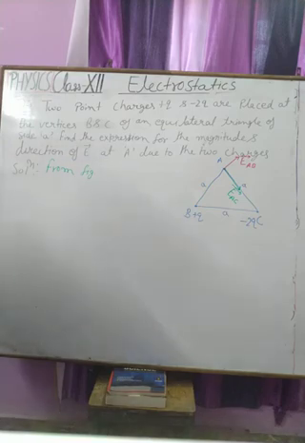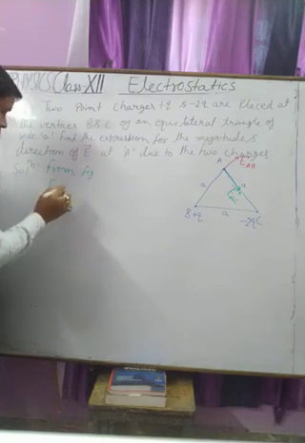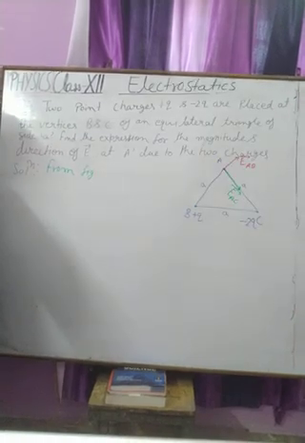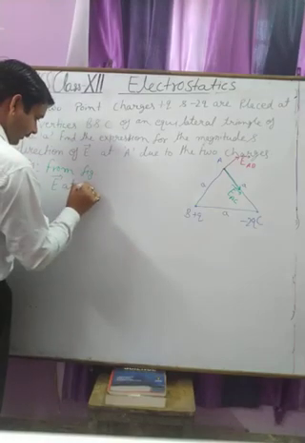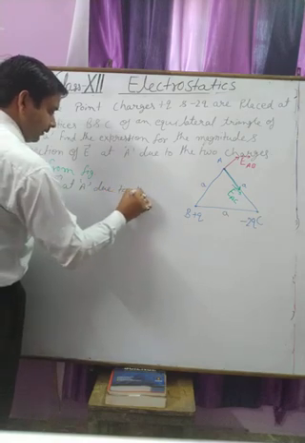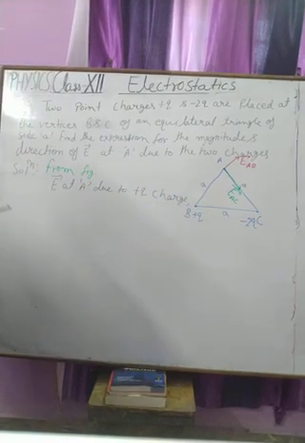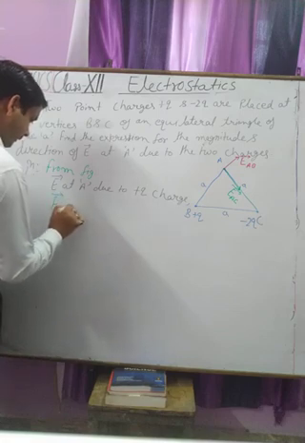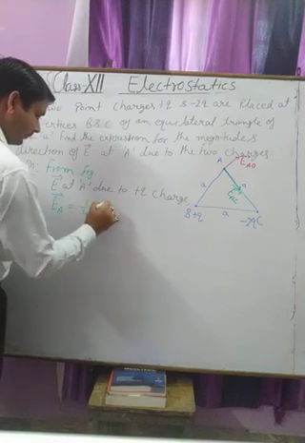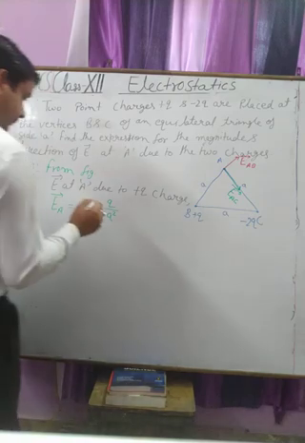Therefore, from the figure we have the electric field at A due to plus Q charge is EA equal to 1 upon 4 pi epsilon naught Q upon A square. This is equation first.